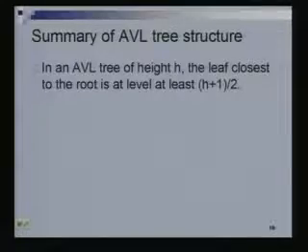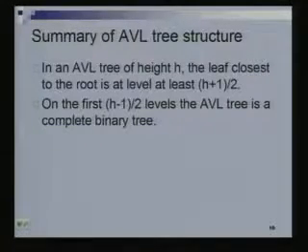So if I give you an AVL tree on n nodes and height h, then the leaf closest to the root is actually pretty far from the root. It's at least half the height away, at least (h+1)/2. This doesn't require a proof, I'm just rewording what I had said earlier.